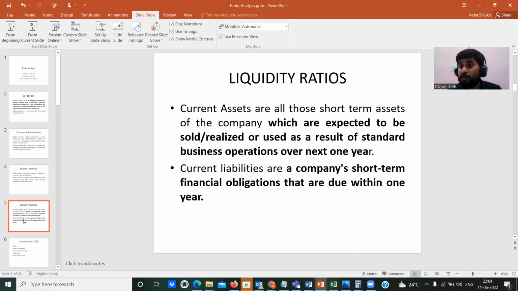Those assets that you expect to be sold, inventory, realized accounts receivable, or used prepaid expenses over the next 12 months, that is till 31st December 2022, 1 year from the balance sheet date. What will be your current liabilities? All your short-term financial obligations that are due within 31st December 2022, 1 year from your balance sheet date. This is the definition of current assets and current liabilities as per US GAAP and is consistent across IFRS.